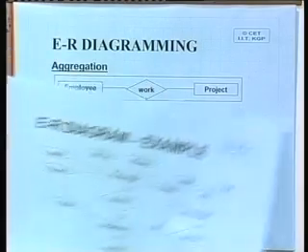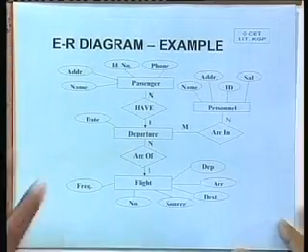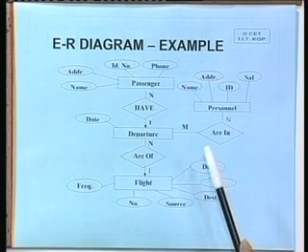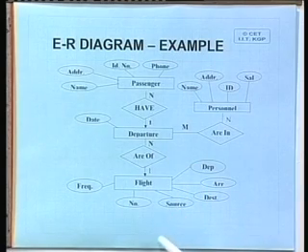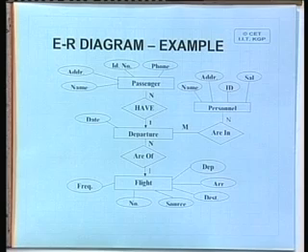Let us try to have a look at an ER diagram, an example of an ER diagram in some detail. Think of an airline company where we have passengers, and these passengers have departure. See, we have differentiated between departure and flight. What is the difference between a flight and a departure? The flight has a number.